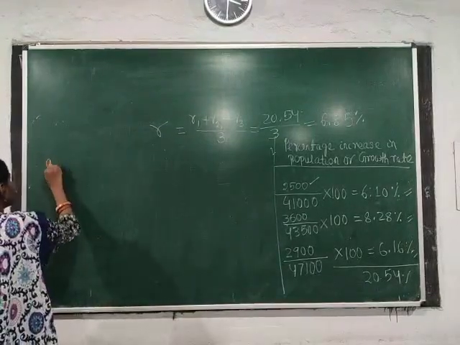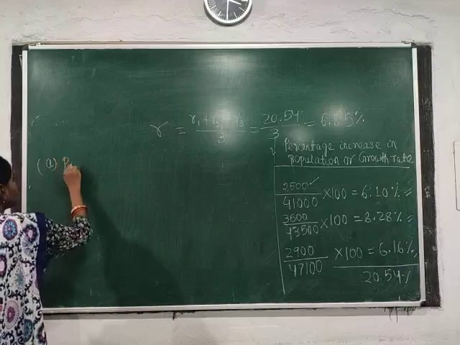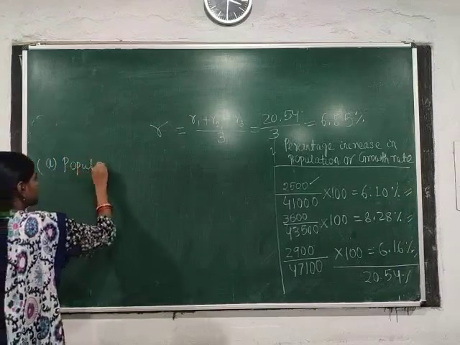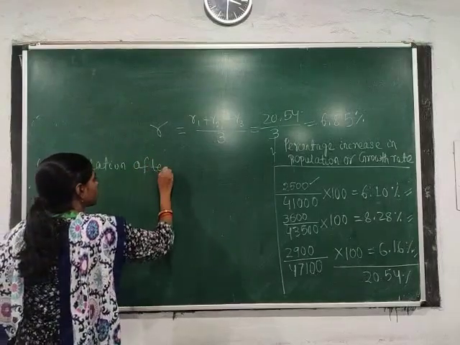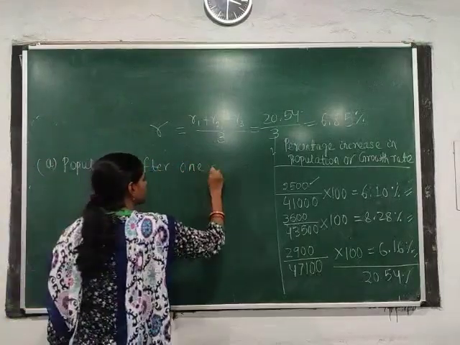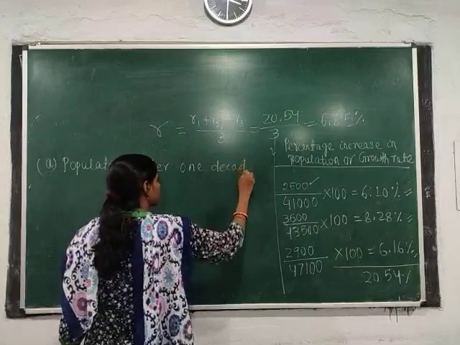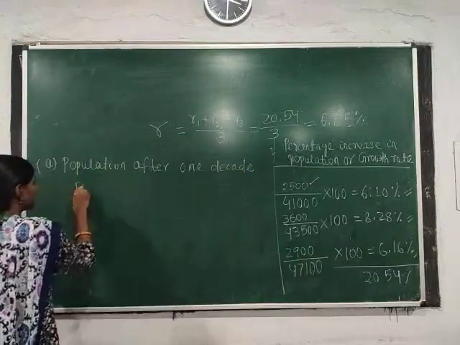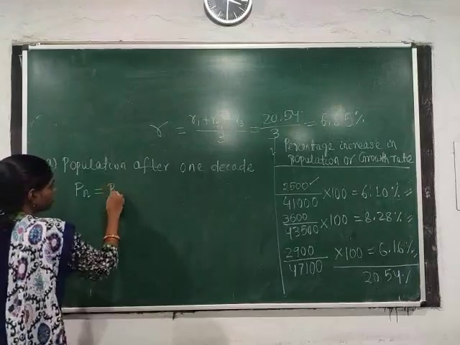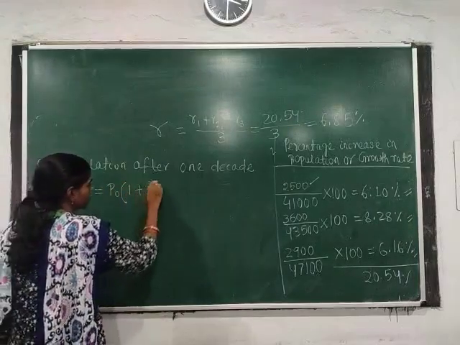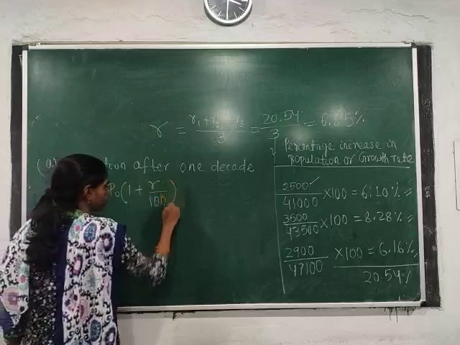So now we will find out the population after one decade. Pn equals P0 whole into 1 plus R by 100 whole to the power n.